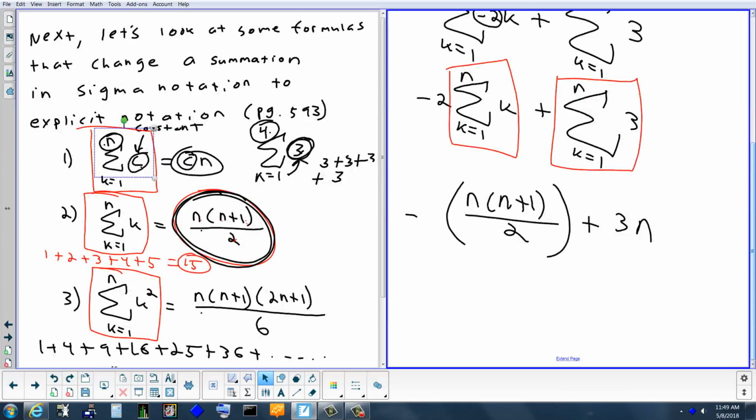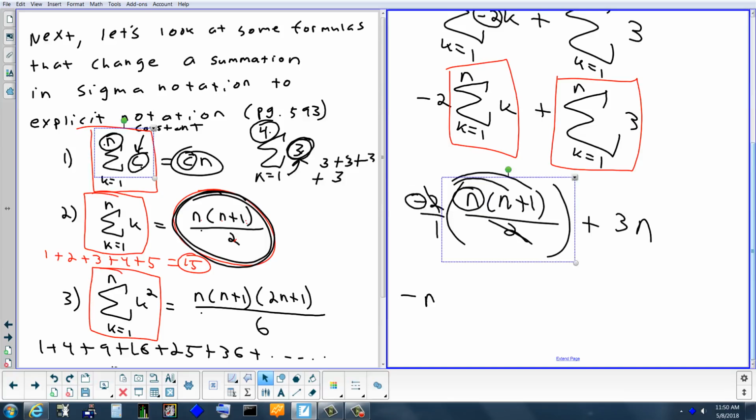If you want to think of -2 as a fraction like that, it might be easier. 2 in the top, 2 in the bottom. Anytime you have the same number in top and bottom of a fraction, it cancels. Now we have a negative and an n on the outside. So distribute it. Okay. What's negative n times n?